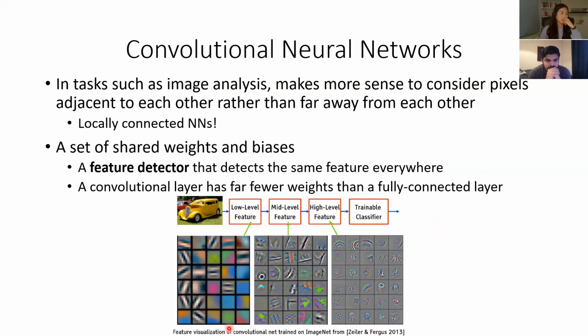So I like this example. Let's say we have an image of a car, and with the convolutional neural net, we can detect a low-level feature with the filter we just saw. So what it means is, okay, this is a low-level feature. So this neuron probably has the ability to detect a sharp edge, and maybe this neuron can detect a round shape or circle, not a pointing edge.